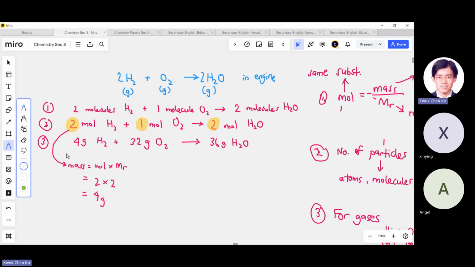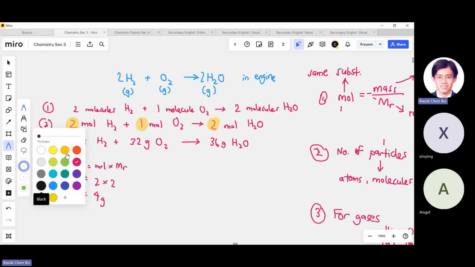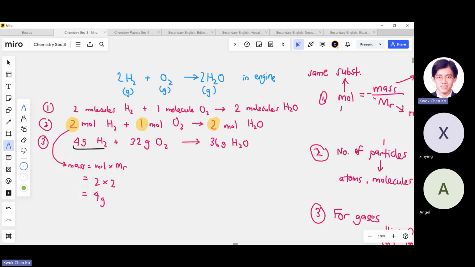Hopefully you notice by now, look at the left-hand side. Add the masses together, 36 grams. Right-hand side, 36 grams. So this is your conservation of mass. Nothing is lost, obviously.